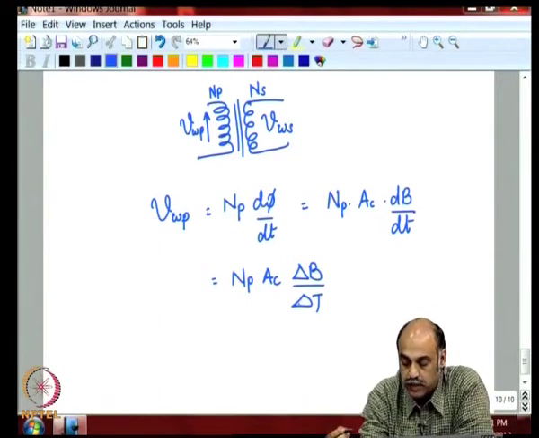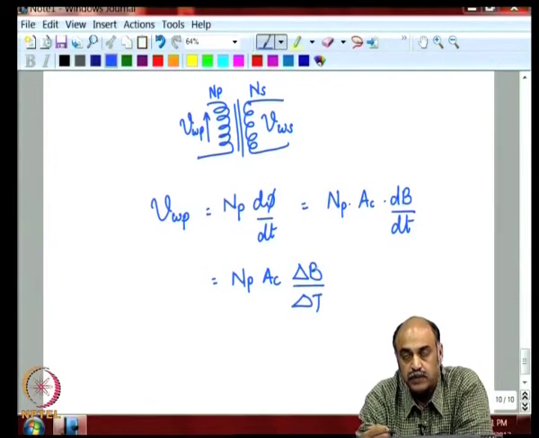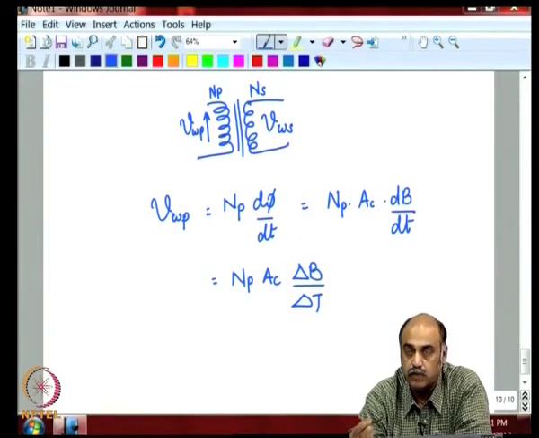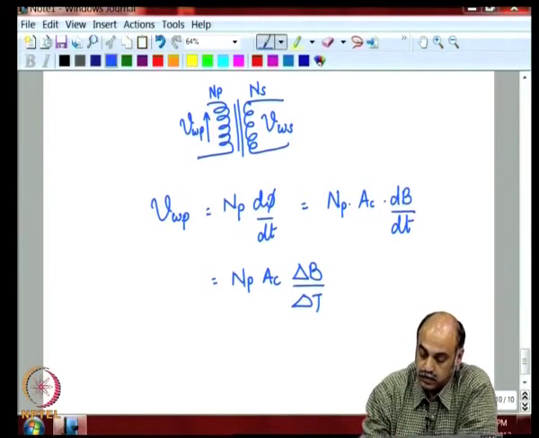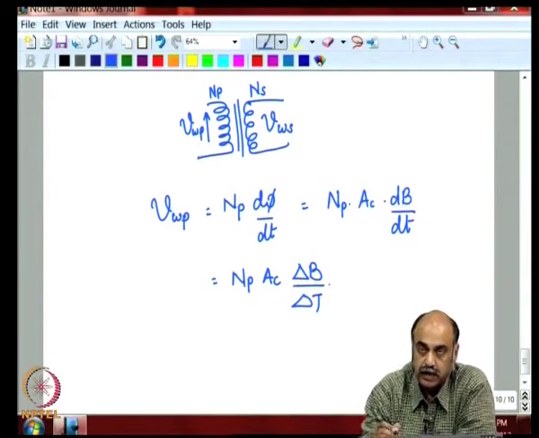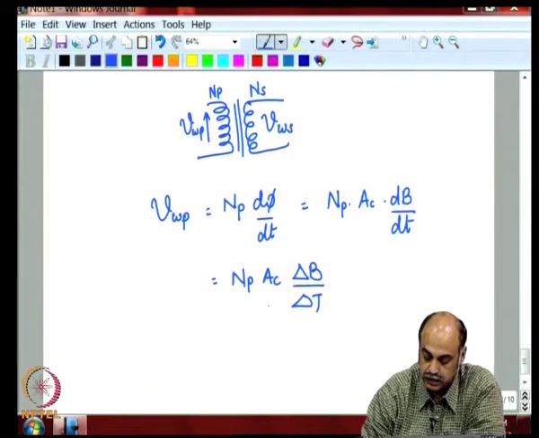So, in time delta T, which is duty cycle into Ts time, what should be the flux swing? The flux swing goes from minus Bm to plus Bm, or 0 to Bm, whatever, depending upon the topology of the circuit and the transformer. So, these two are design parameters which are decided by the designer.